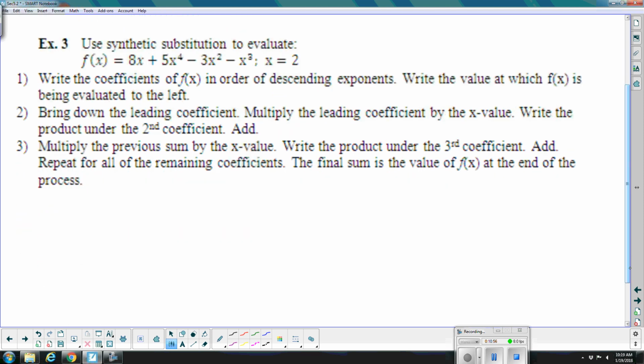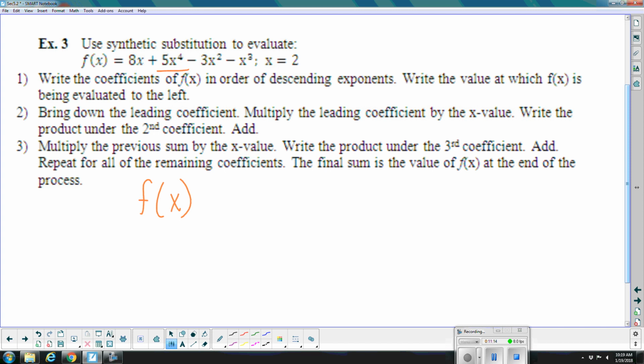So I've outlined some of the steps here. So use synthetic substitution to evaluate. We're going to evaluate the same polynomial function. The first thing that you need to do is write this in standard form.